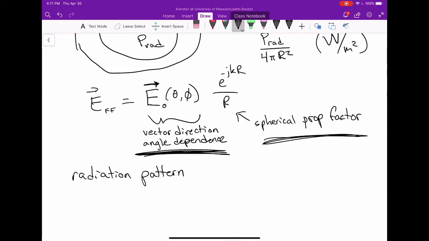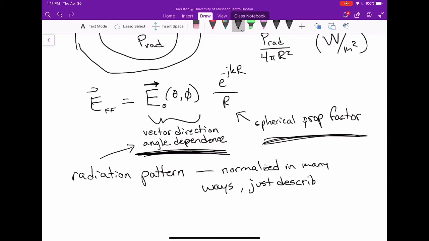Now, that's a general term that is meant to describe this angle dependence, but it can be normalized in a variety of ways. So that's a general term that doesn't really have a specific definition.